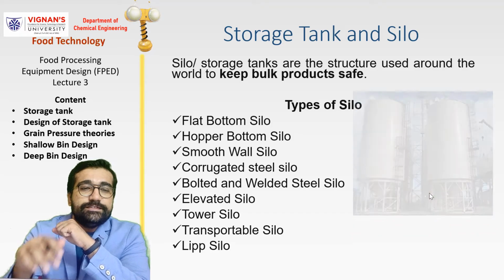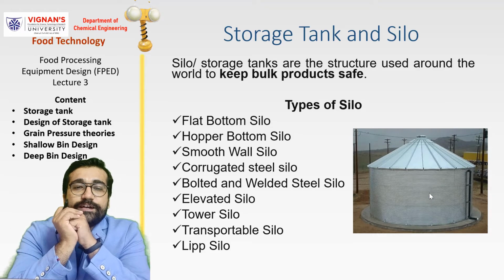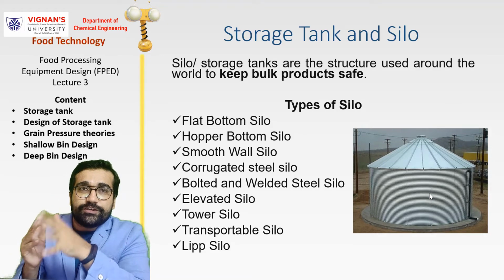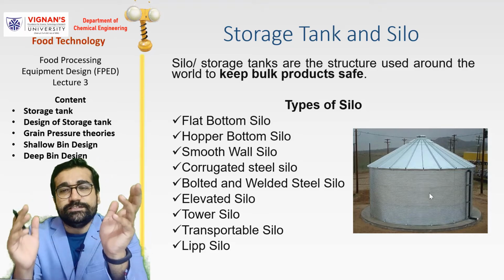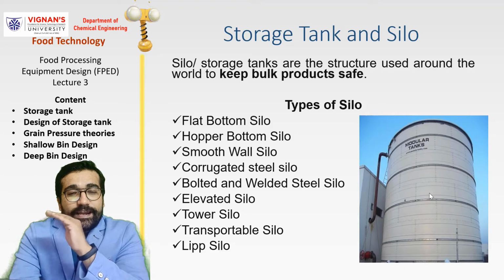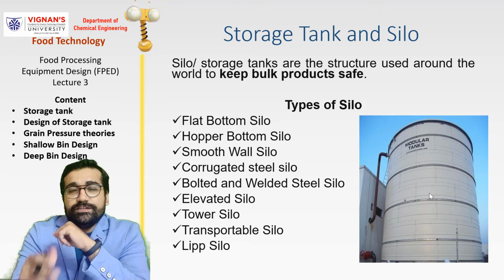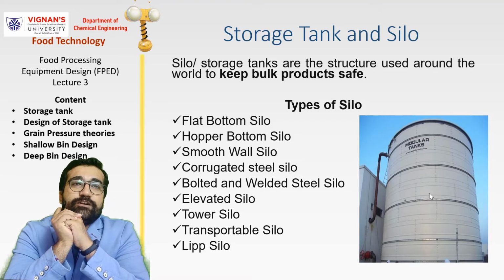The next one is the corrugated steel silo. Corrugated steel silos have corrugation on them, like undulation. These are the corrugated steel silos. Next comes the bolted and welded steel silo. This picture shows a bolted and welded steel silo.